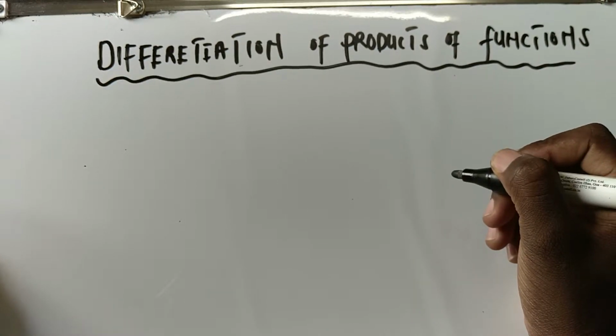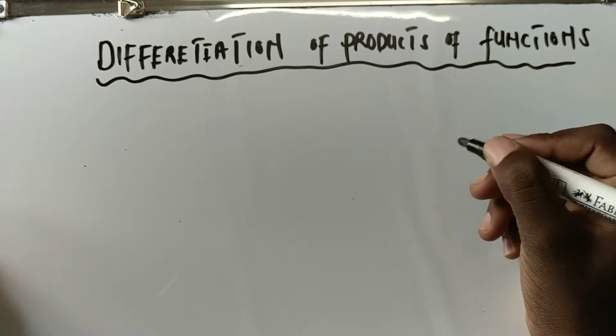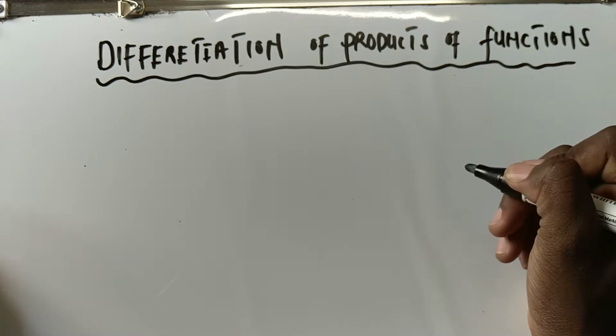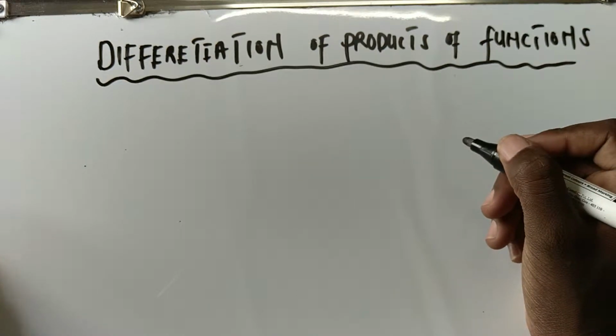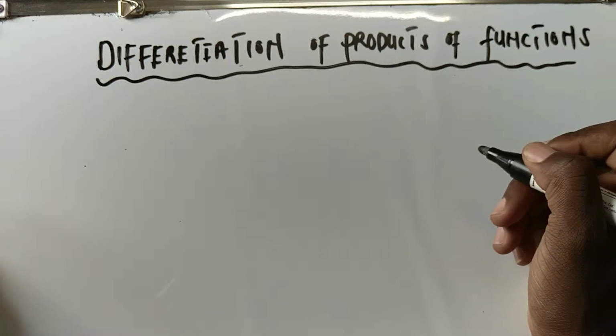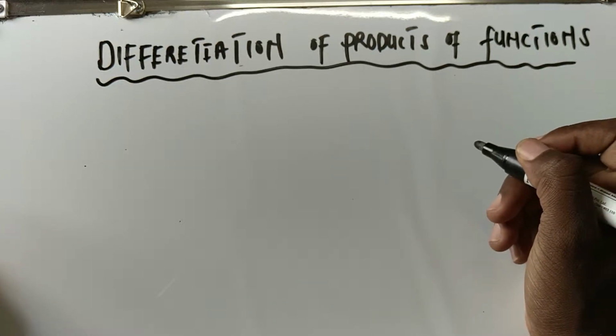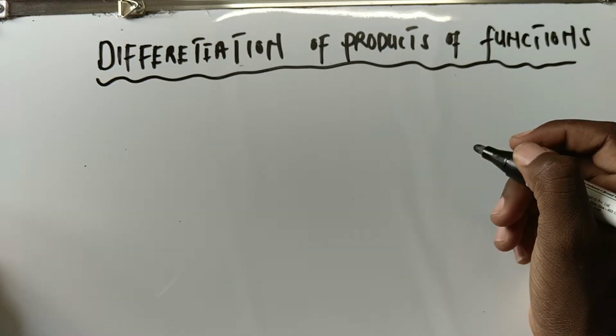Today we'll be looking at differentiation of products of functions. Now, the first important aspect that you really need to take note of under this type of differentiation is being able to identify whether the problem given to you is under this category.